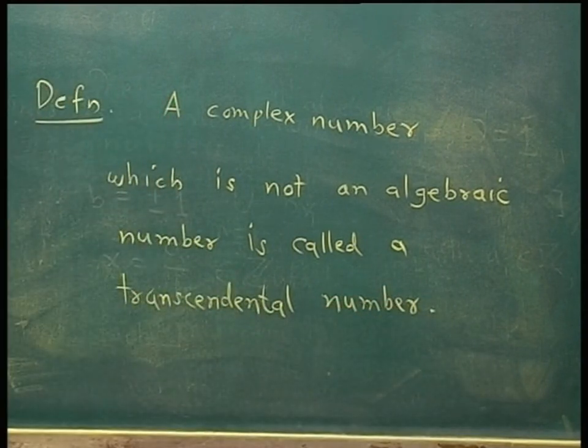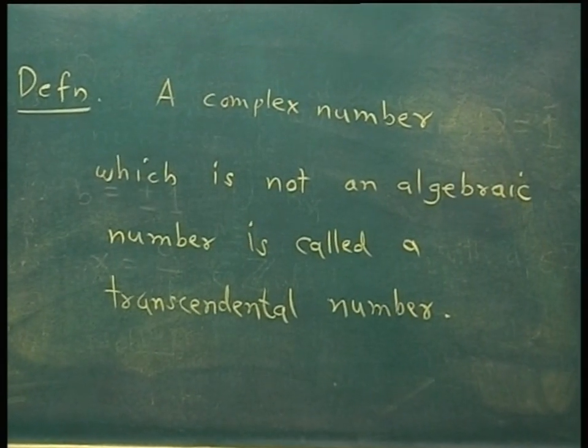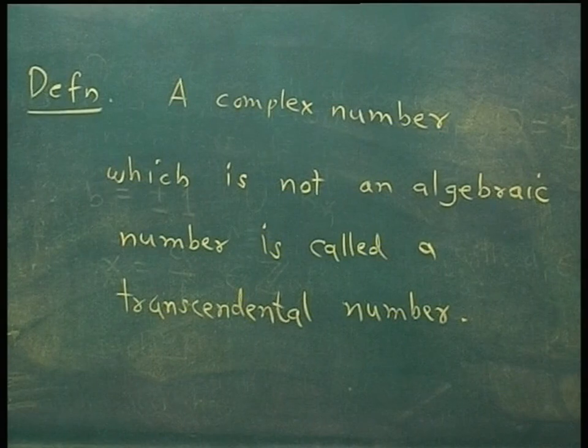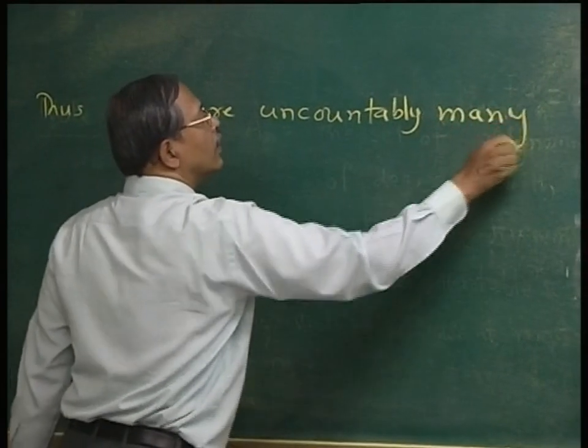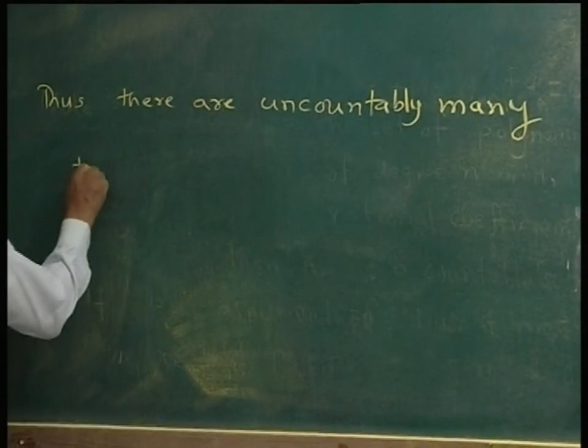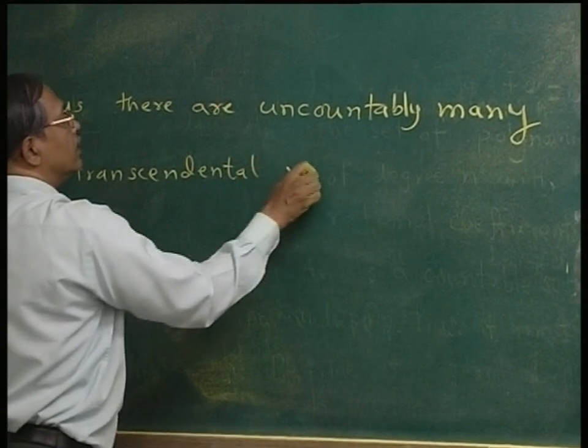A complex number which is not an algebraic number is called a transcendental number. So the previous discussion shows that there are uncountably many transcendental numbers, which are real or complex. Thus, there are many transcendental numbers.